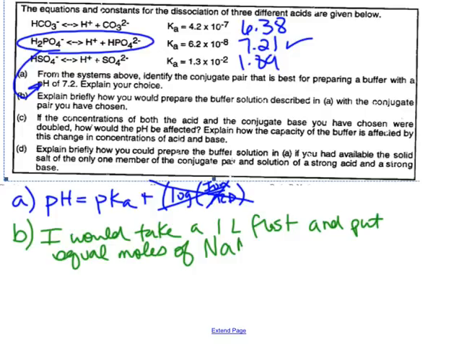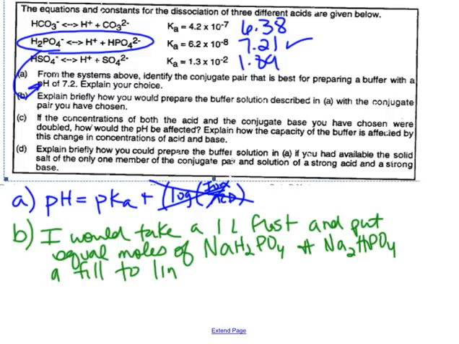I have to get it in salt version, NaH2PO4, excuse me, and my other, HPO4 minus 2, it would be Na2HPO4. So I take equal moles of both those salts and fill to the line. By putting equal moles in 1 liter, I'm basically making equal concentrations. So again, my pH would be equal to my pKa, and that would be the correct pH.